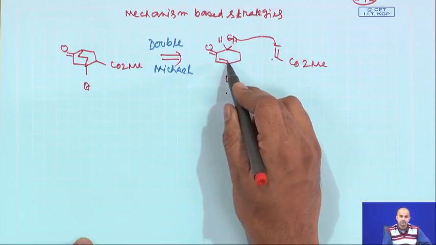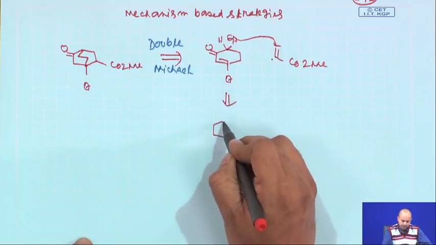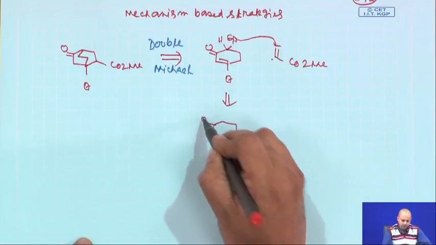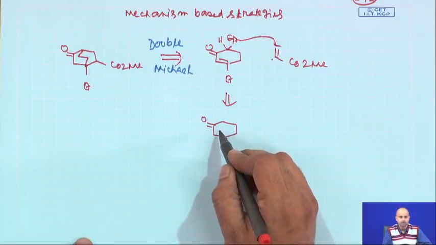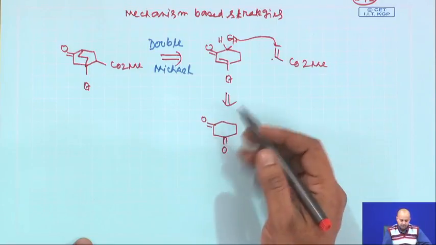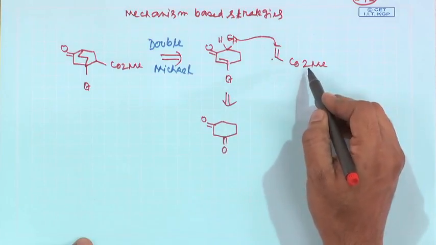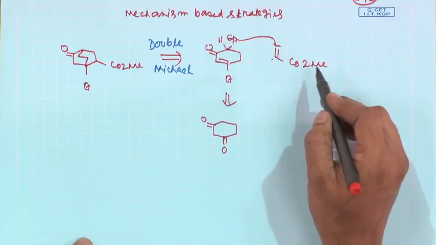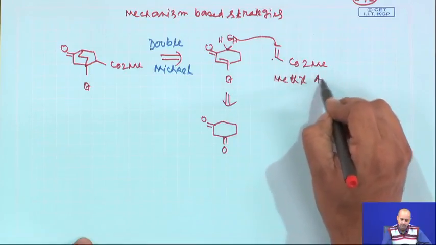This compound is commercially available, and you can even make it starting from 1,3-cyclohexanedione, chemistry we talked about many times in our class, by allylic transposition. Methyl acrylate is commercially available.